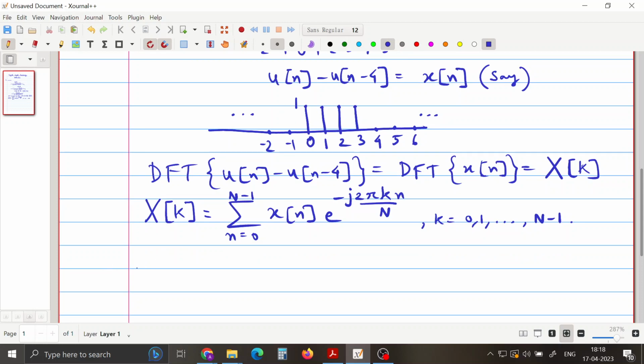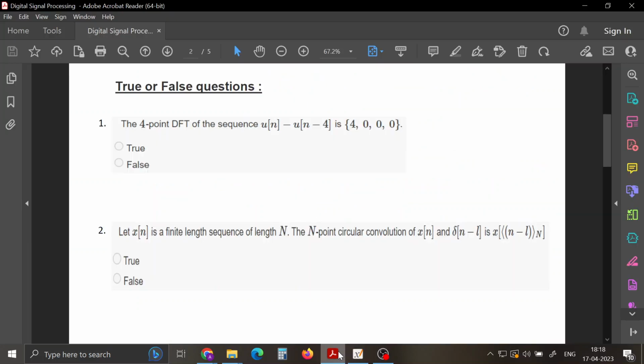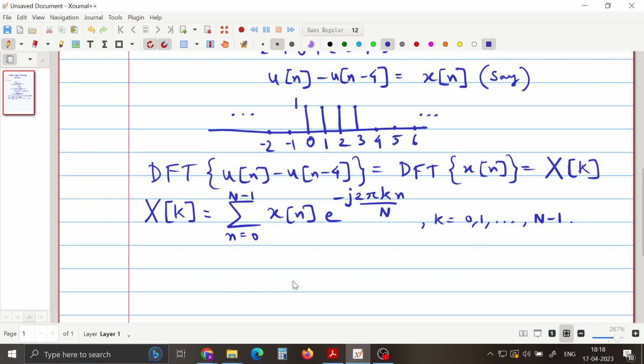So in this case, go back to the question, we need to find the 4-point DFT. So capital N equals 4 here, and also in the sequence x of n, which is the difference between u of n and u of n minus 4, there are 4 points only. So here cap N equals 4.